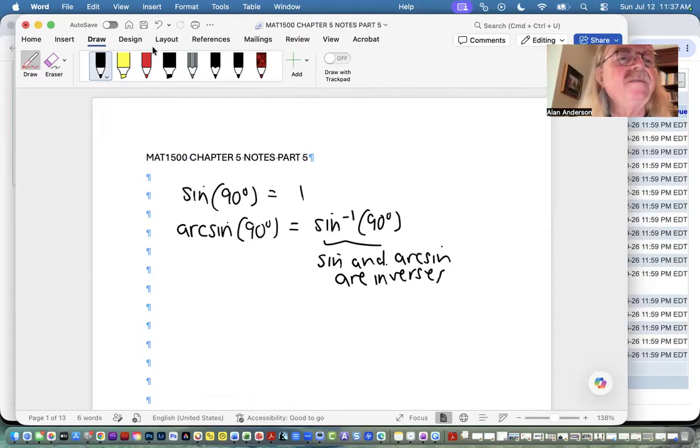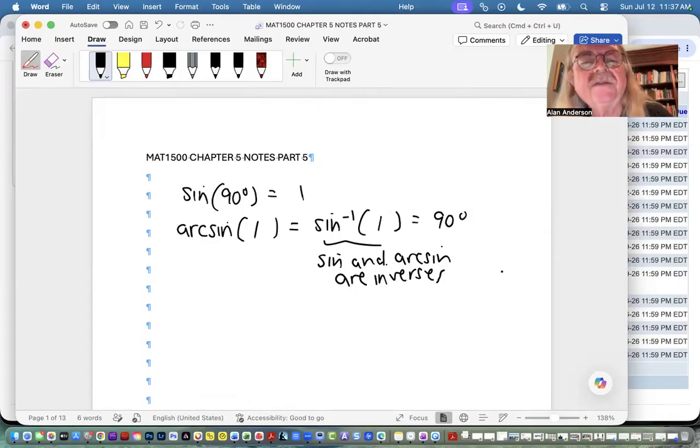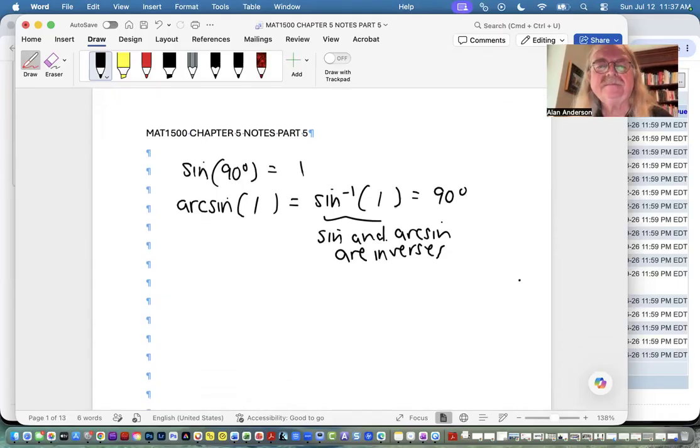Actually, sorry. If the sine of 90 is 1, then what I would be trying to calculate is the arc sine of 1, and that would bring me back to 90. Okay, so that's how it works. If the sine of 90 is 1, then the arc sine of 1 is 90.